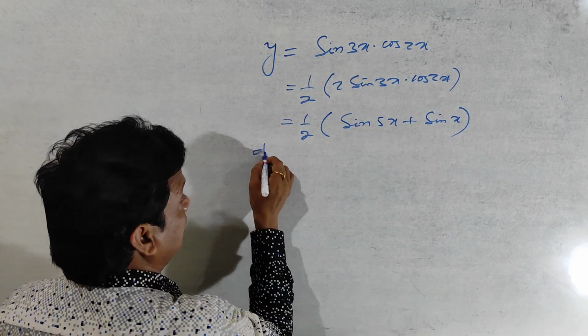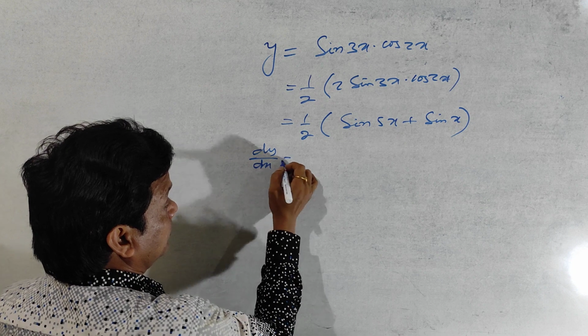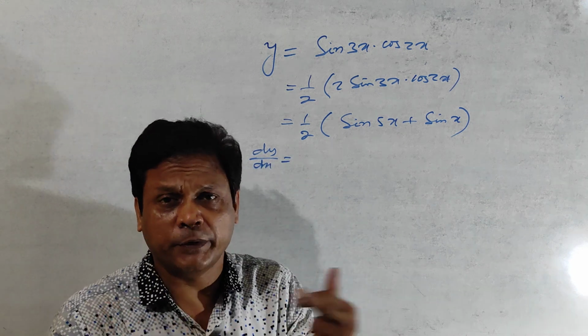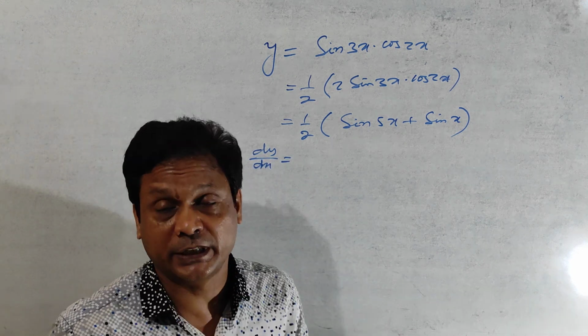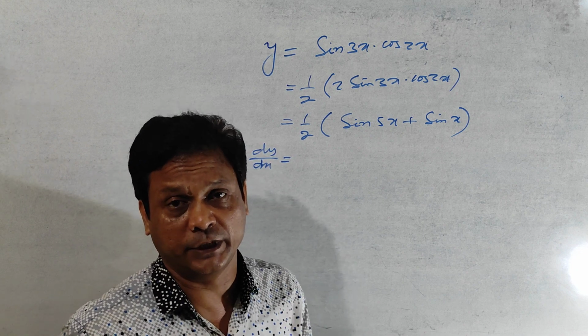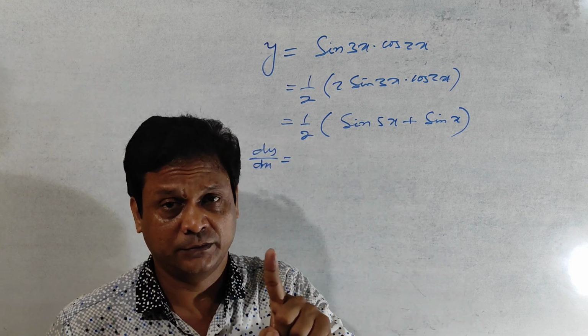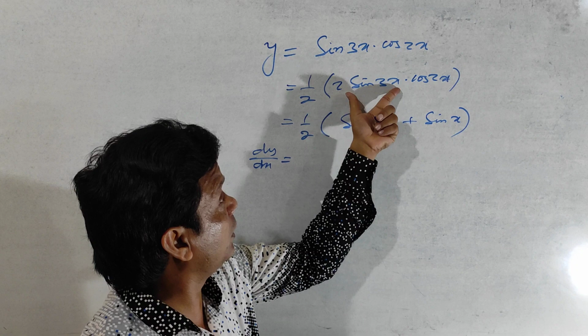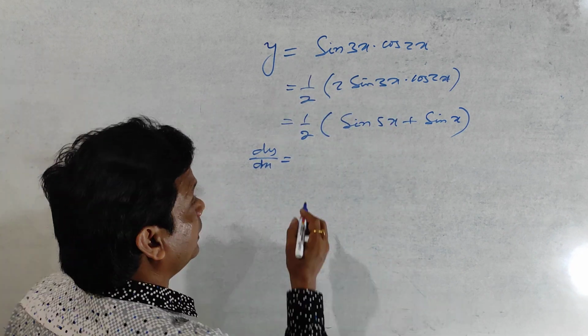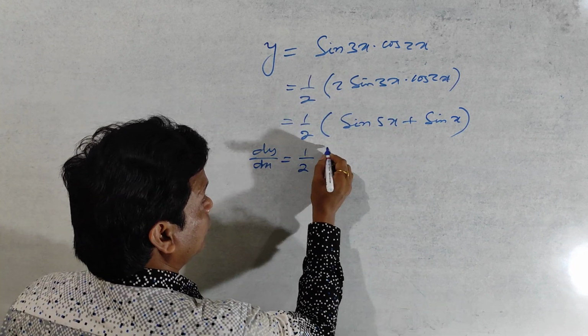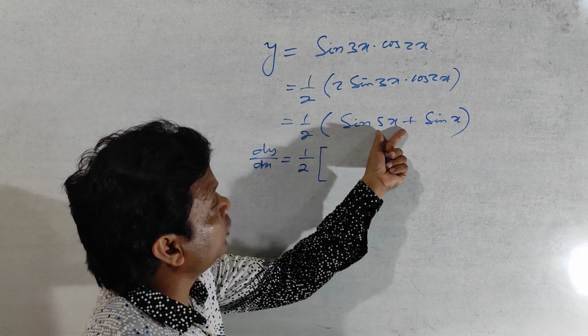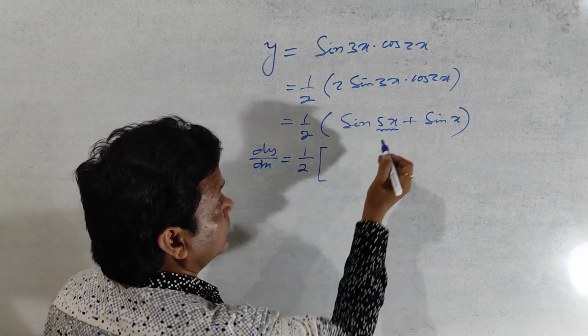So now find the derivative. Already I have told you, you should remember the formulas of derivatives in trigonometry, then apply the derivative. And the derivative is simply one line. First of all, you should remember all the formulas of trigonometry. Here, 1 by 2 sin u.